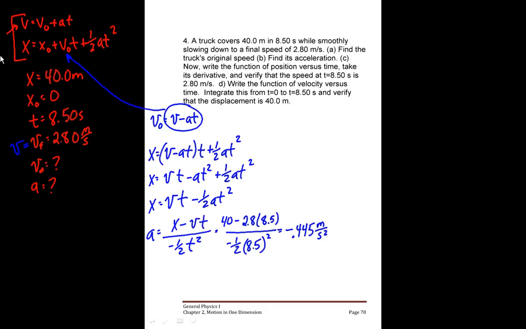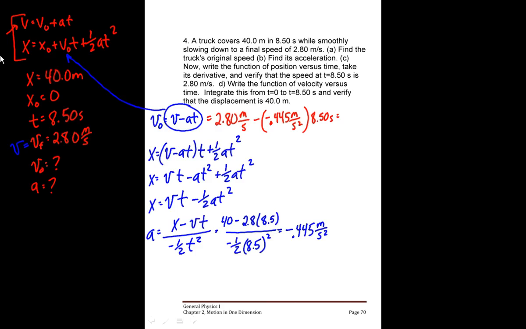Now that I know my acceleration, I can figure out what my V naught is fairly simply, because I already have an expression for V naught up here, and it's going to be V minus AT. So V is 2.8 minus a negative 0.445 times T, which is 8.50.